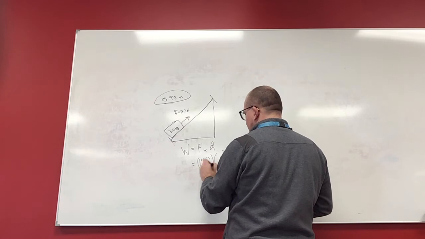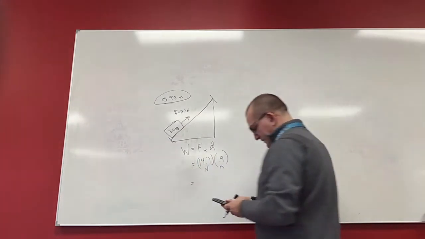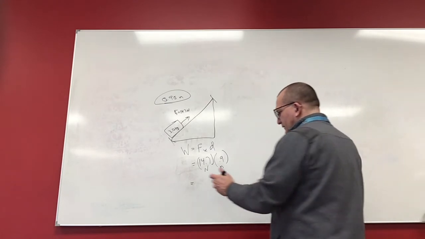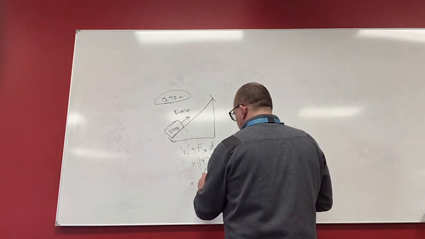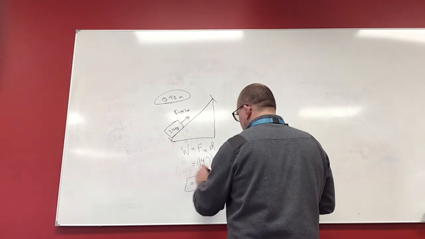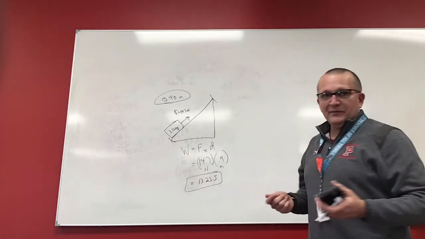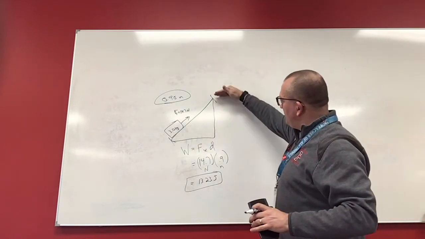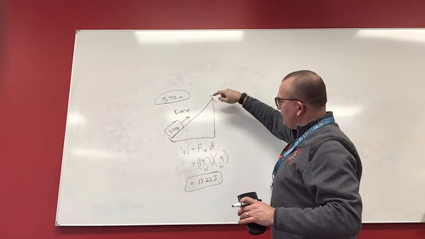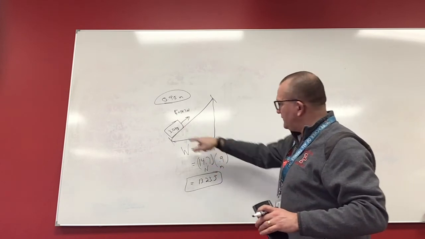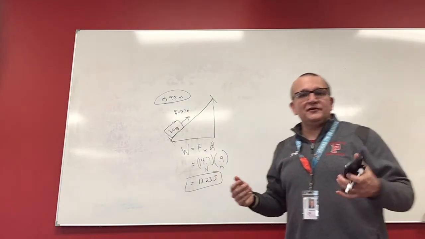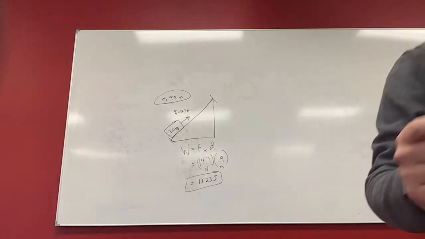So this is newtons, this is meters, so we're going to get joules for our answer, 14.7 times 0.9, 13.23 joules, which is the same as potential energy. So here's my point. Lifting it up this high or dragging it here, we're putting the same amount of energy into it. This is through work, that's through potential energy. So work and potential energy in this case are the same thing.